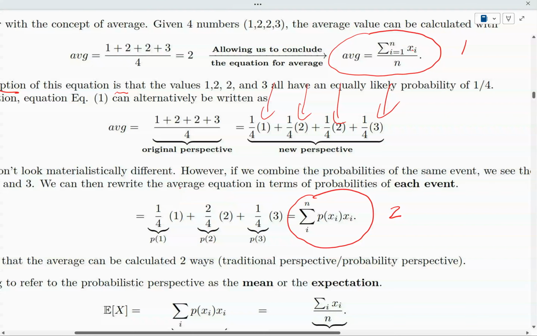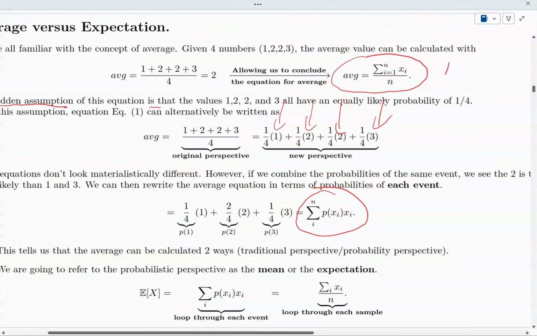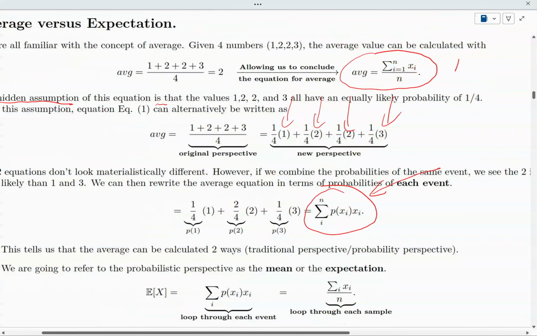Here, you're only looking at the events, which are 1, 2, 3. There's no repeat. And you are multiplying by its associated probability. And that leads us to a different way of calculating average and mean. And this perspective is much more powerful, especially when you only have probability.